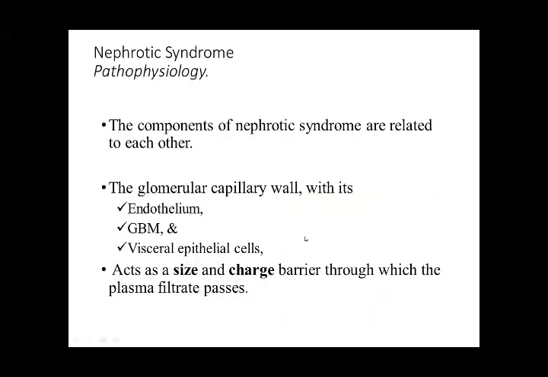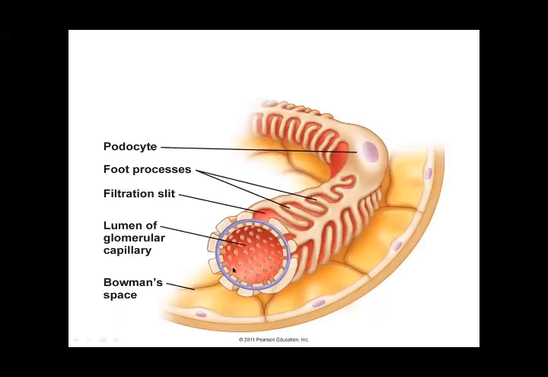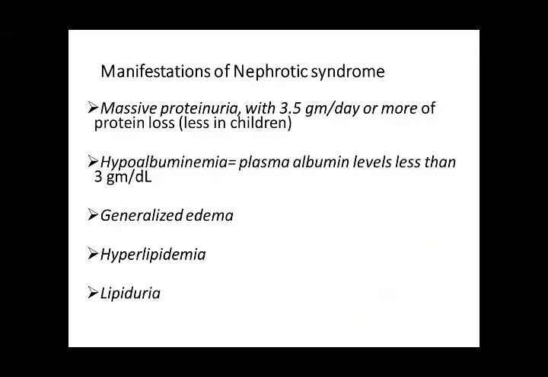This is the barrier, and now this barrier has to be destroyed. Basically, the pore size increases depending on the amount of injury. If there is a very large pore size and the charges of the GBM are lost, it means non-selective proteinuria. But initially, when the pore size is not too big, it will allow only albumin to go out.